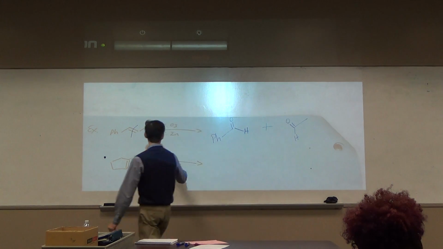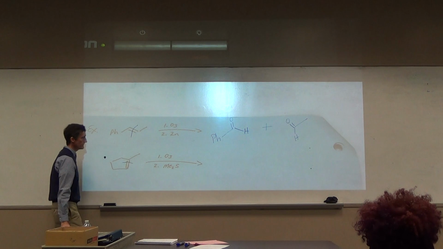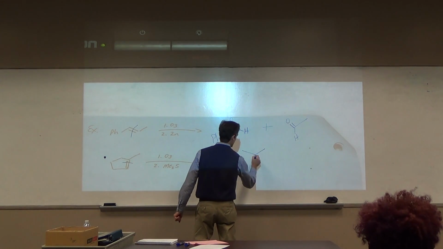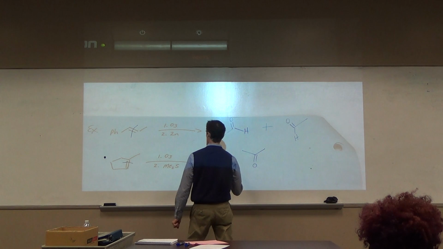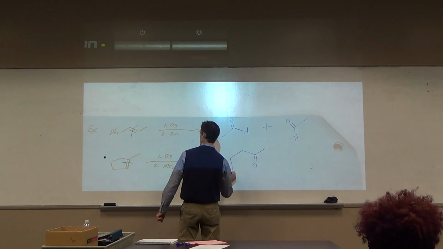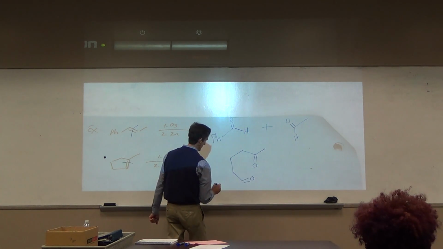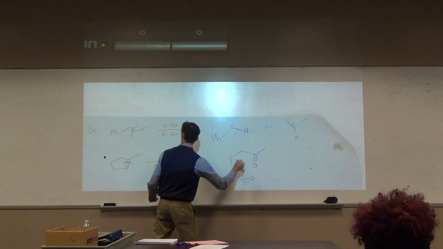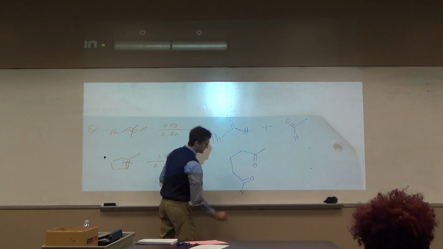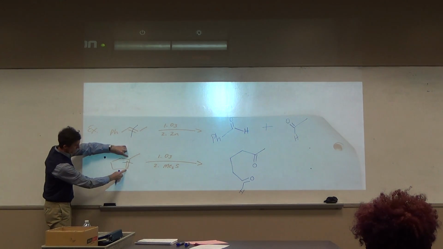Down here, ozonolysis, magic step. Can we cleave the alkene? Yeah. Boom, boom. This becomes a carbonyl. Boom, boom, boom. And down here, this becomes a carbonyl. That carbonyl carbon has a methyl. What does this carbonyl carbon have? Hydrogen. H. Two carbonyls, but it's connected.